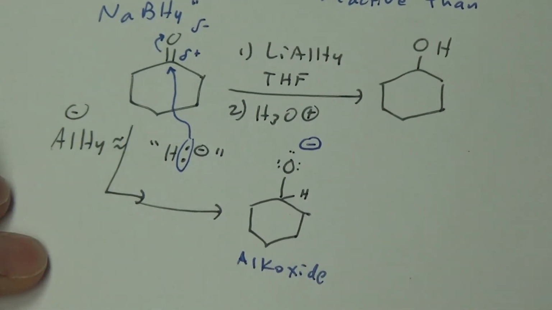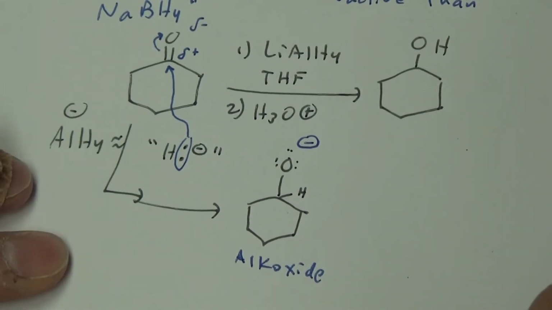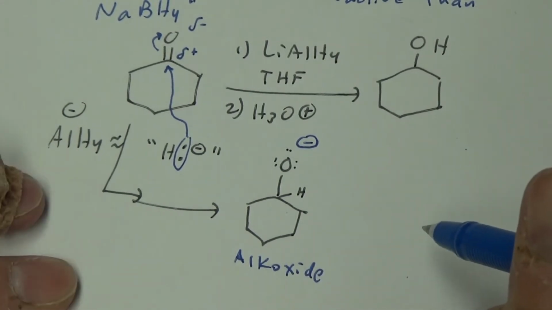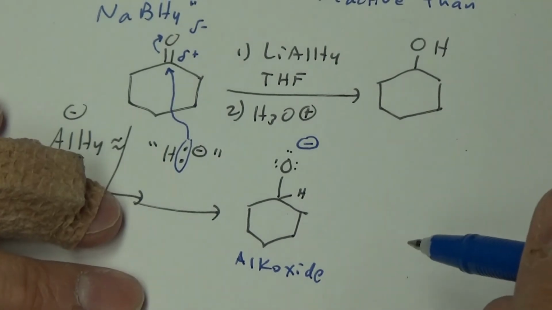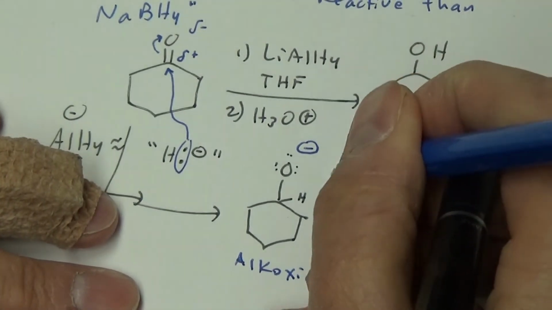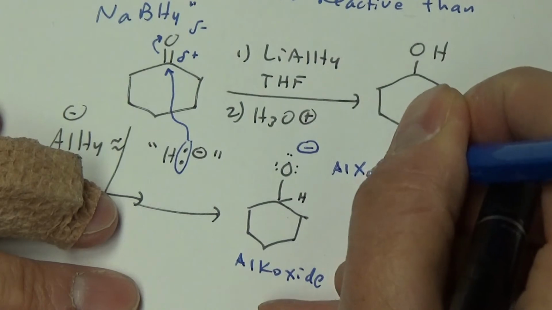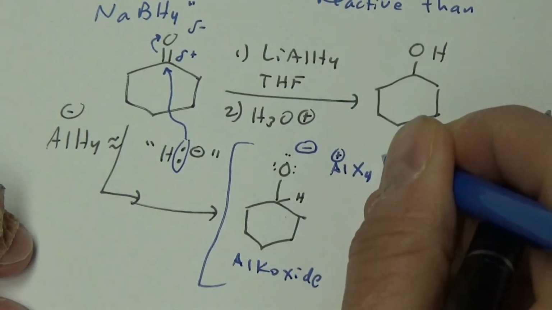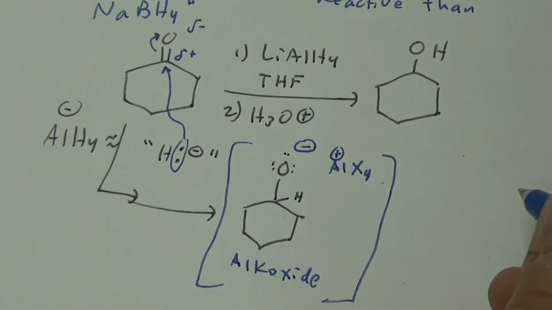Just like methoxide, MeO minus, was also an alkoxide. This is totally an alkoxide. The counter ion, we're just going to say it's AlX4 plus. We often just omit the counter ion because it's not that big of a deal.